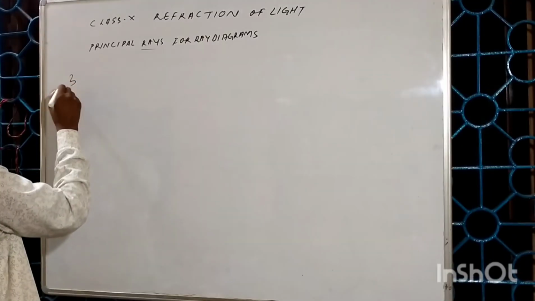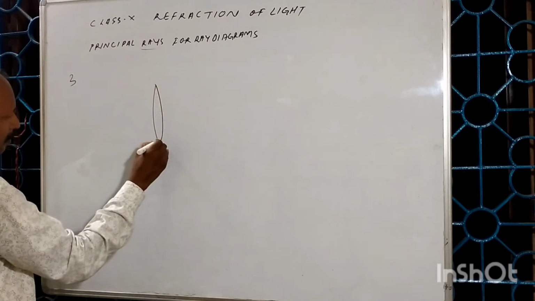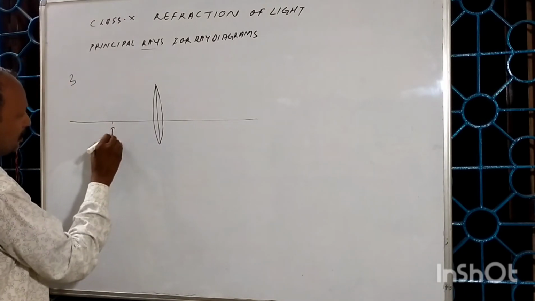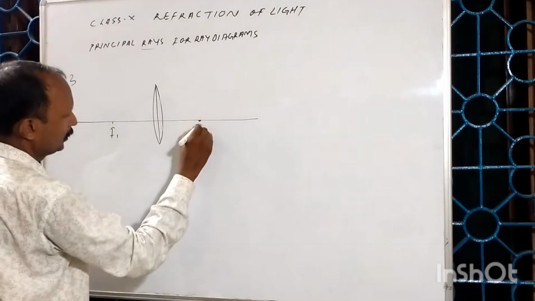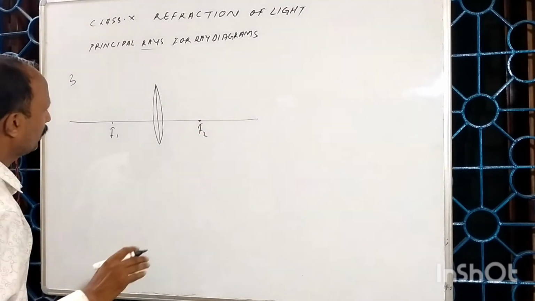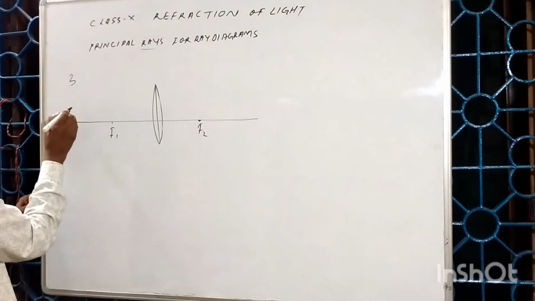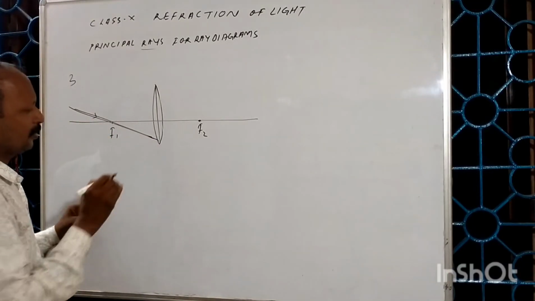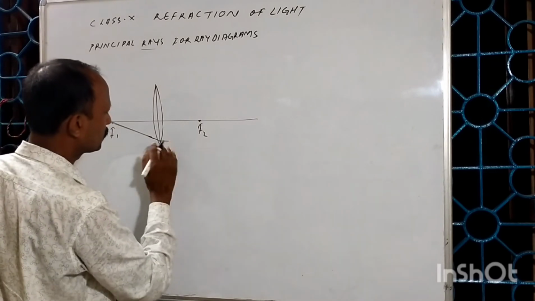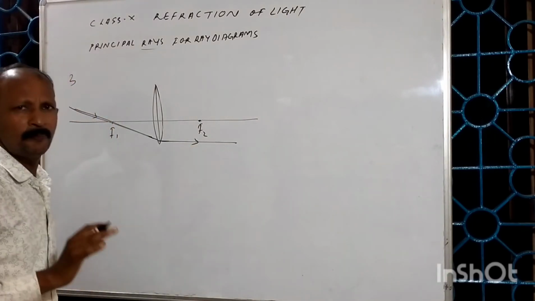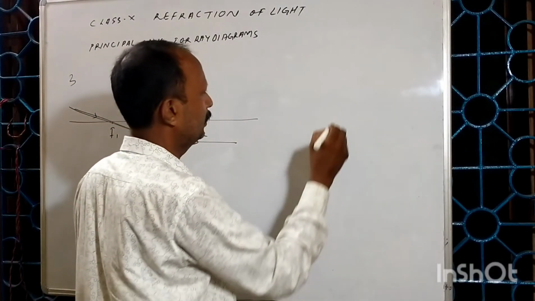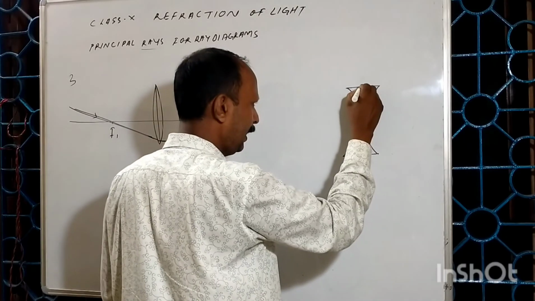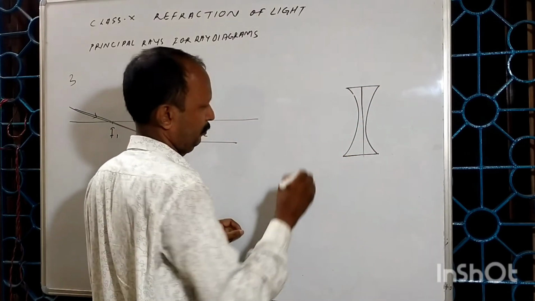Third case. This is the biconvex lens, the plane of the lens. This is the principal axis. This is F1, the first focal point, and this is the second focal point. Now you see that the ray which comes through the focus, after refraction, moves parallel to the principal axis. Similarly, in case of this biconcave lens, the lens is here, very thin.